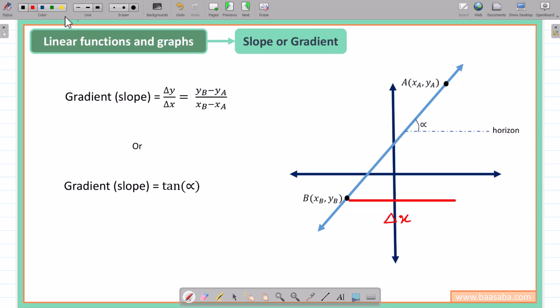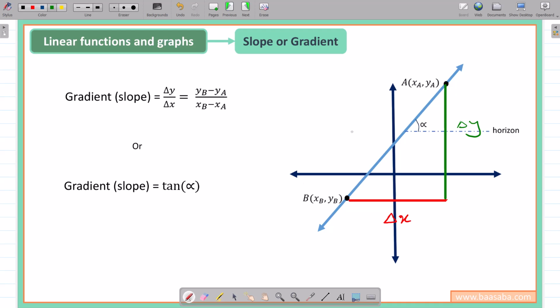And then I have to travel this distance vertically, and I'm going to name it delta y. If we write delta y over delta x, or find the proportion of delta y to delta x, we have the gradient or slope of our line.